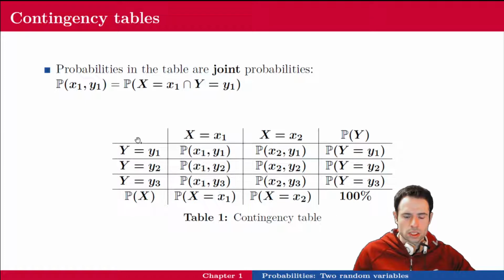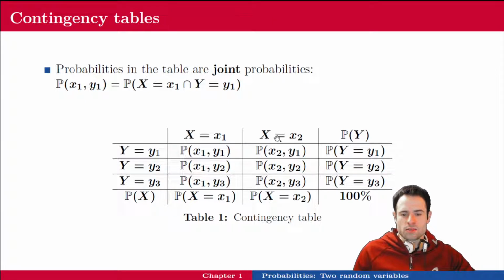Note that in the case where X is equal to x1, there are 3 cells where this happens. It happens here, here, and here. The idea is that X can be equal to x1 when y is equal to y1, or when y is equal to y2, or when y is equal to y3.